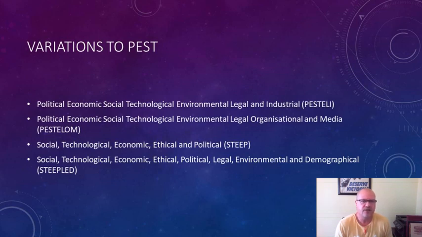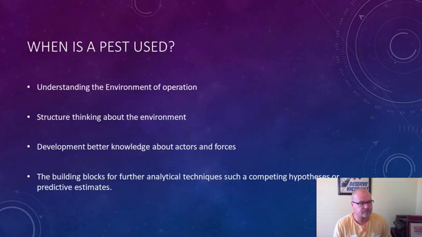So I think for us, it's best to concentrate on a simple PEST approach. And in some aspects, I think that things like political and social can actually contain a lot of what these other ones are purporting to add. So yes, there's variations, you'll come across them, you're welcome to use them, but keeping to the fundamentals of PEST is probably a good idea. So there's some of the variations to it.